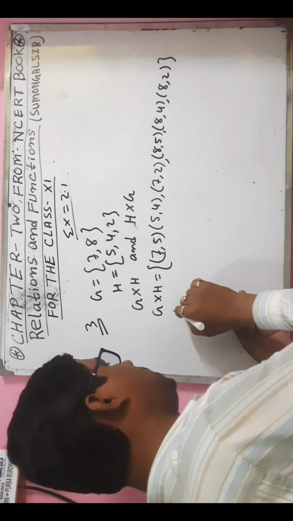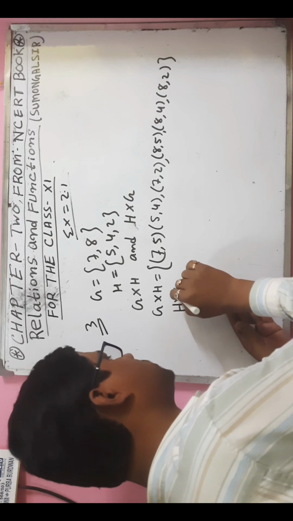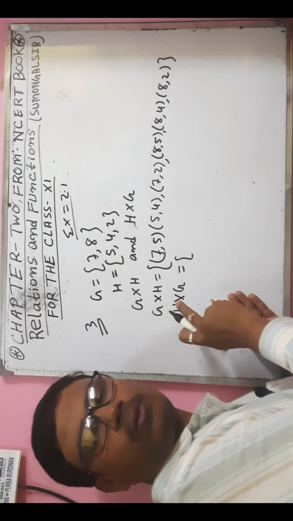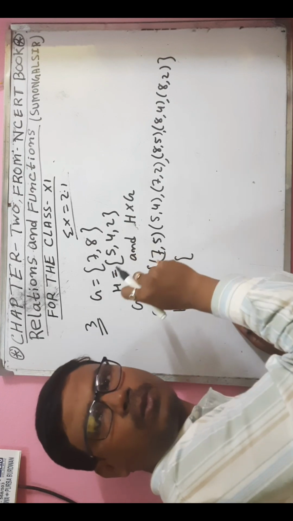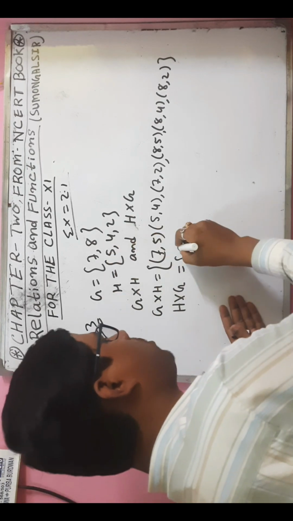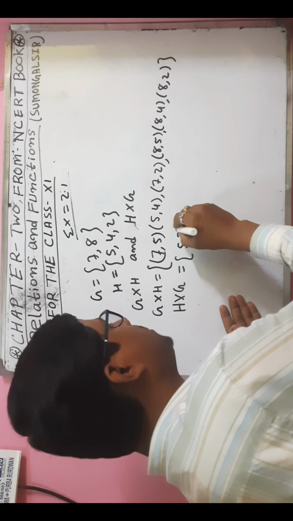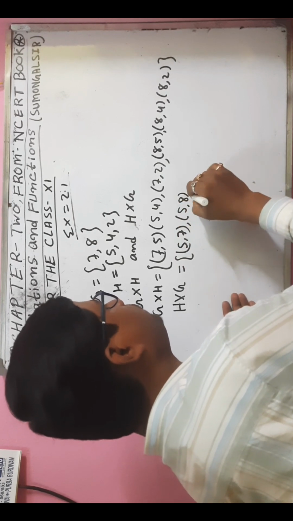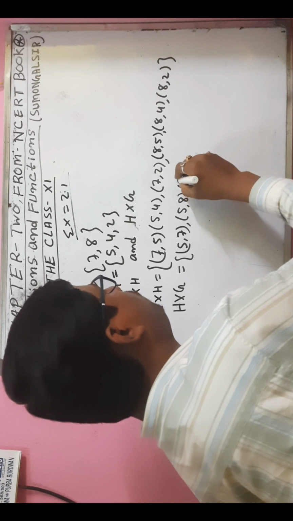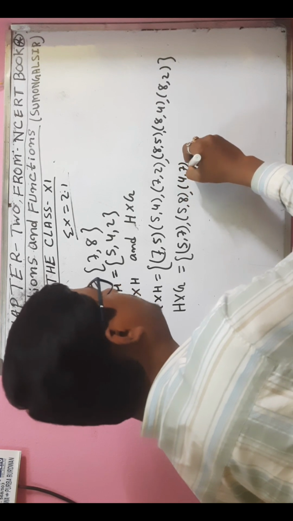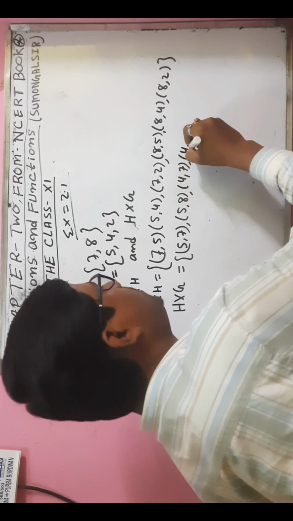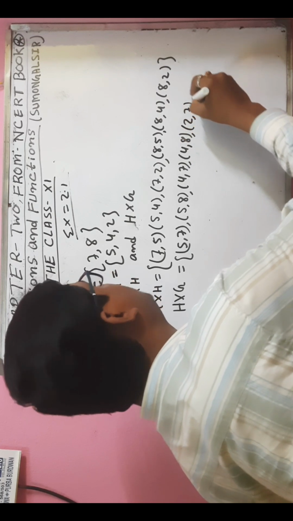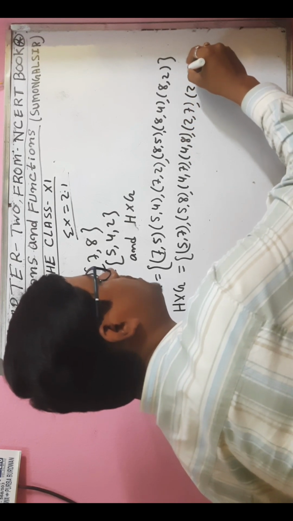Now the elements of H cross G: the first element comes from H, the second element comes from G. So (5,7), (5,8), (4,7), (4,8), (2,7), (2,8).